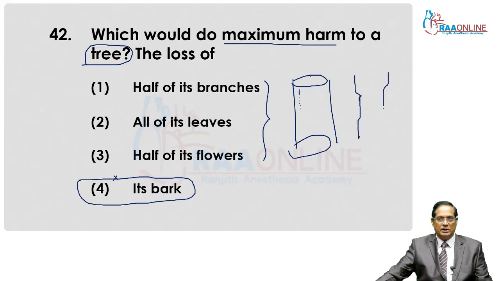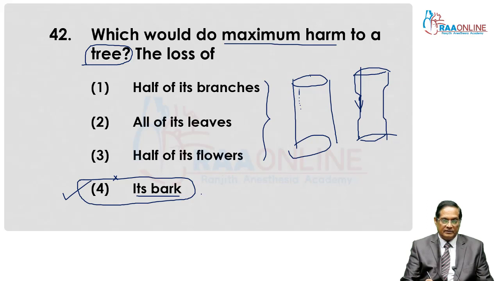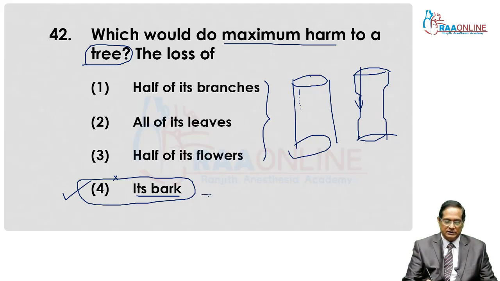By the removal of bark, what is removed? Phloem is removed, and that phloem stops conduction of organic matter, especially in the downward direction. So the plant has maximum harm due to the removal of bark. Reason: the vital tissue phloem is removed.